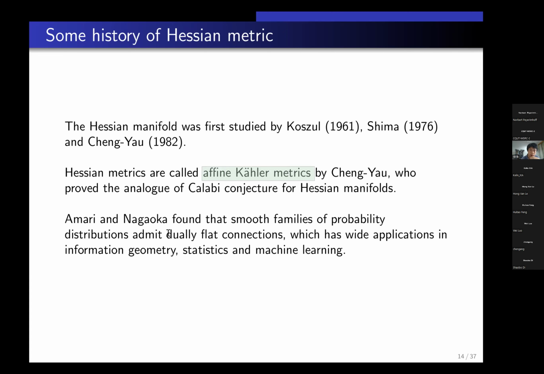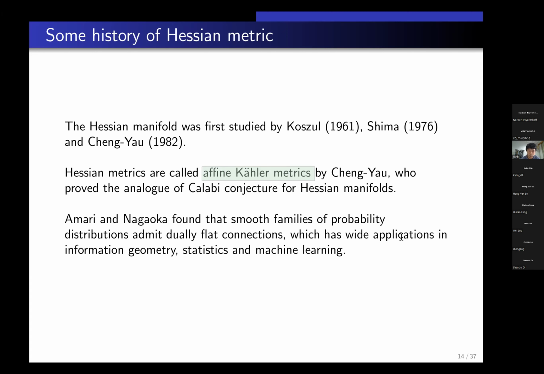And this Hessian matrix, or dually flat connection structure, is also found on smooth families of probability distributions. They are the first batch of examples of the Hessian manifold, or actually the most important examples in information geometry.